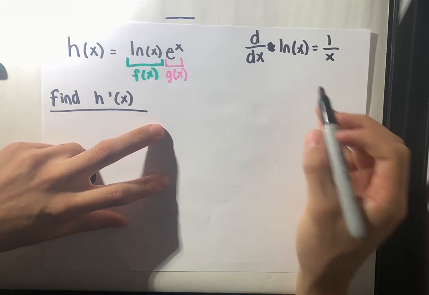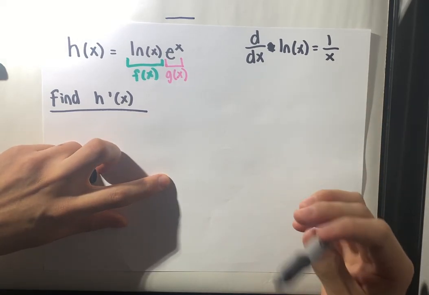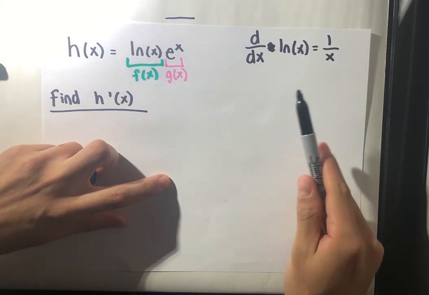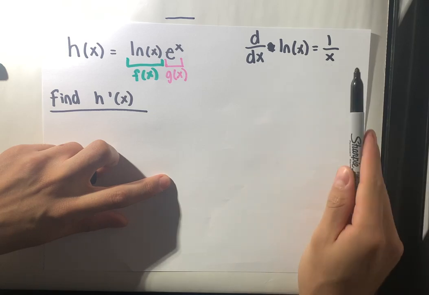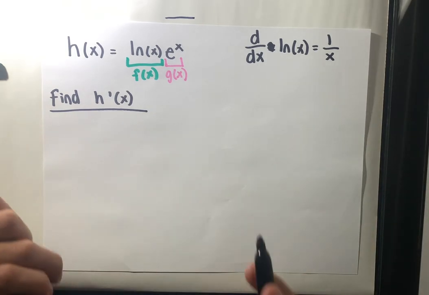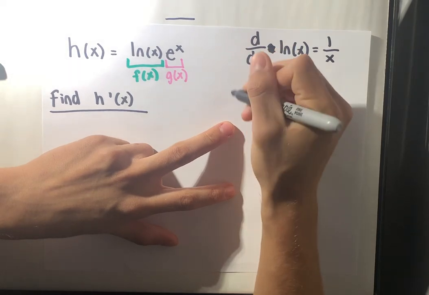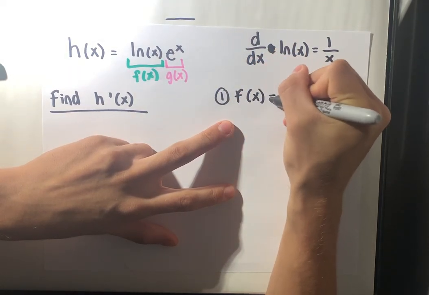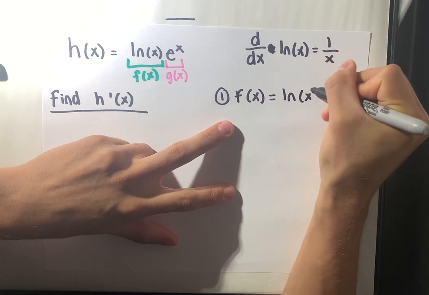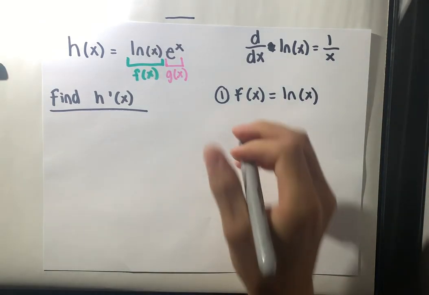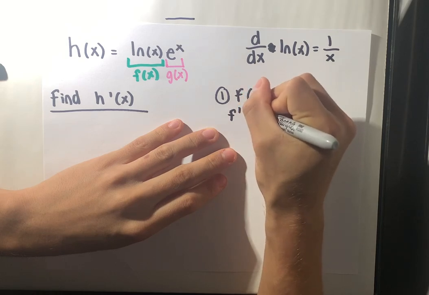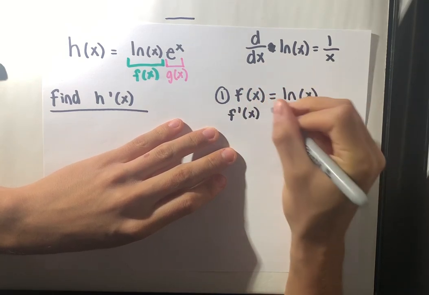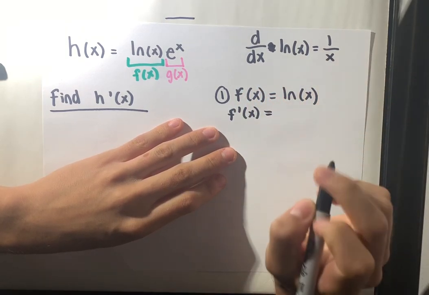Now, if you are really interested in doing the first principles, go ahead, it's really fun. But if you just want to remember it, it's 1 over x. So let's go ahead and get started. Let's do the derivative of the first function f at x. So the derivative of ln x is what I just said, 1 over x.